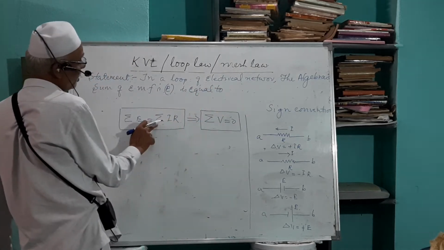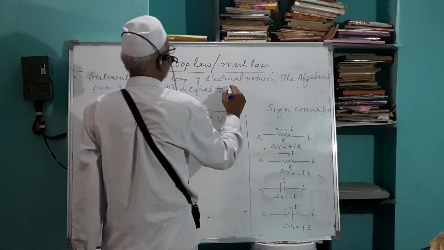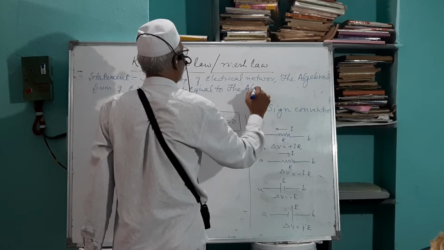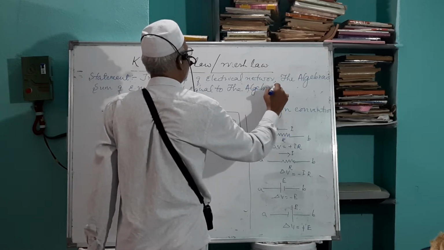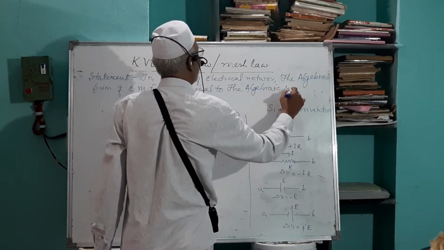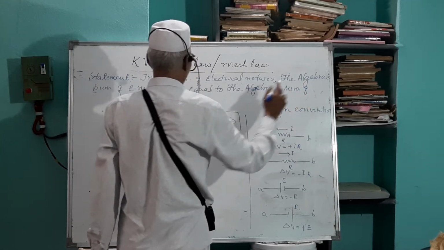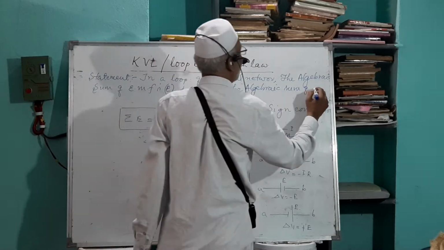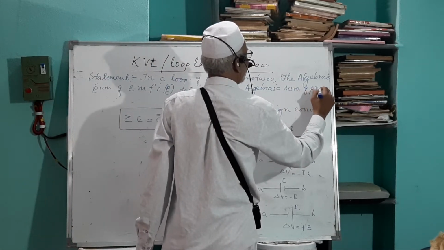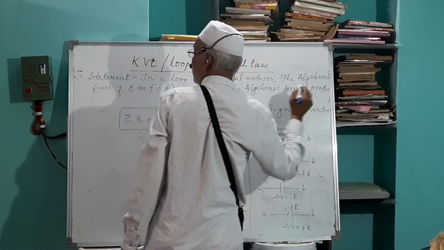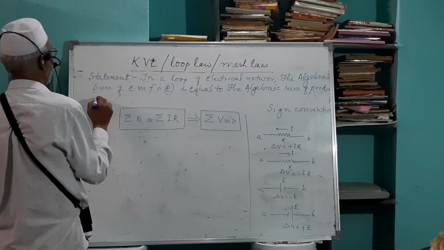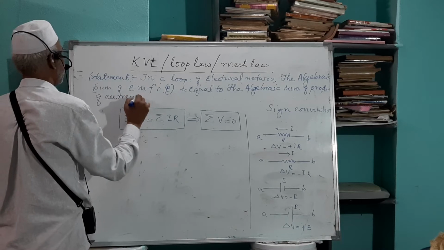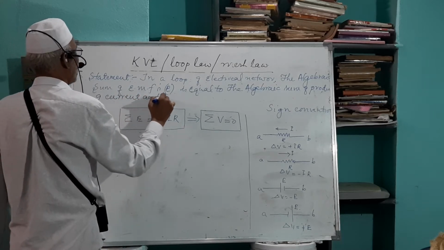the algebraic sum of the product of current and resistance.